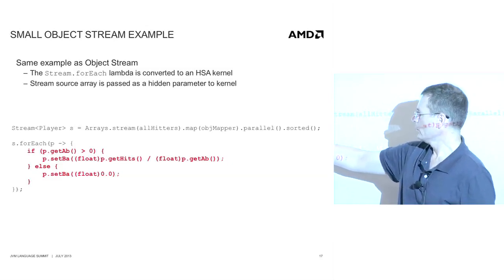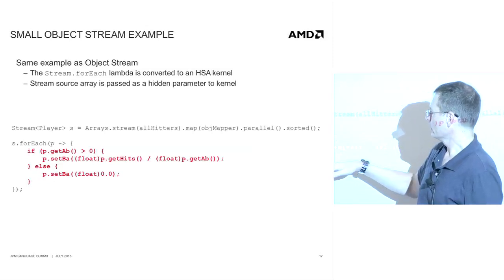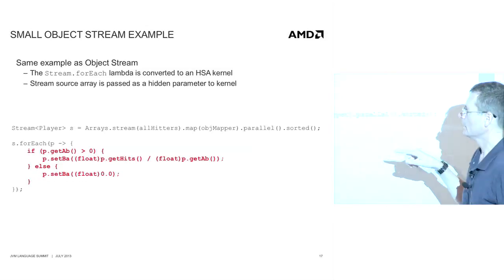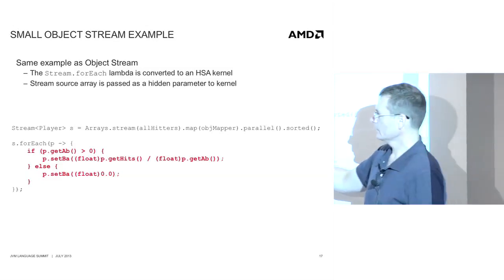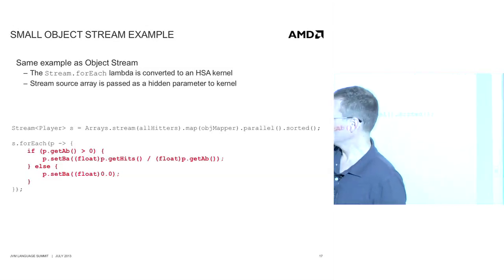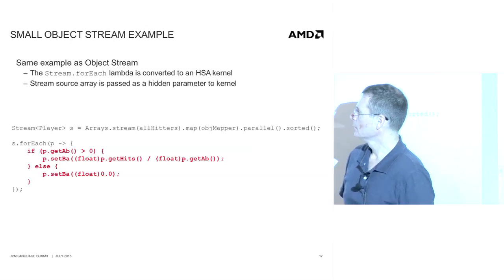My iteration variable for the player is p, and otherwise it's basically the same exact algorithm. So now for the lambda function, there are no captures, it's just p. It's just going to be the player. For regular CPU-side code, the lambda would be invoked with the player.